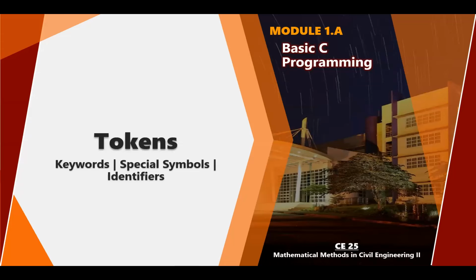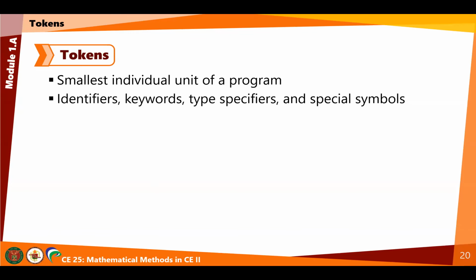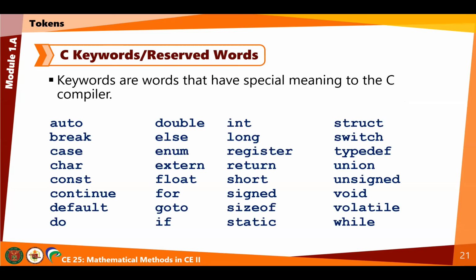Wala na? Sige, let's proceed with tokens. Tokens are, as written here, keywords, special symbols, identifiers. Ayan, tokens are the smallest individual unit of a program. Again, identifiers, keywords, and types of stuff.